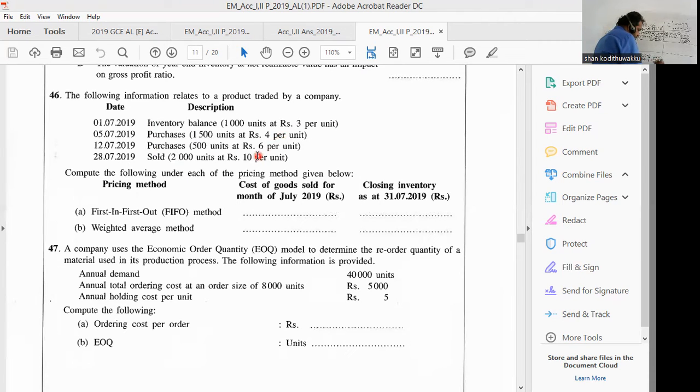Total 9,000. Then the total units are 2,500. How to calculate the average price? 9,000 divided by 2,500. You take the average price, right? Average price, how much?